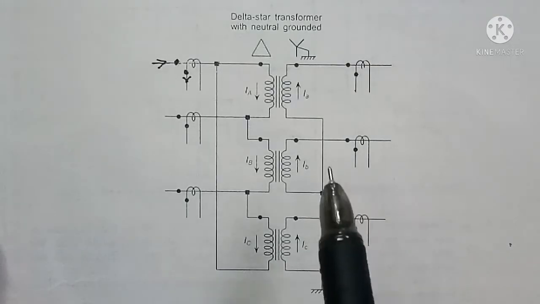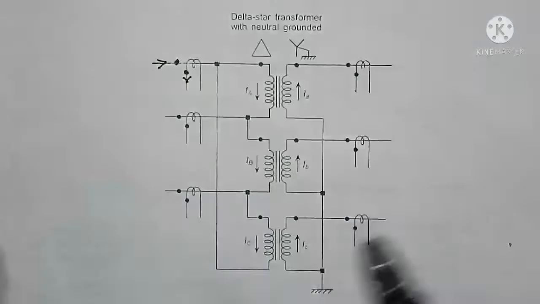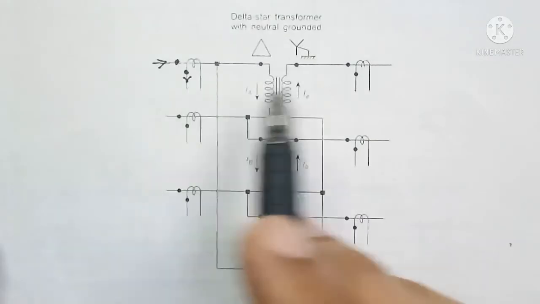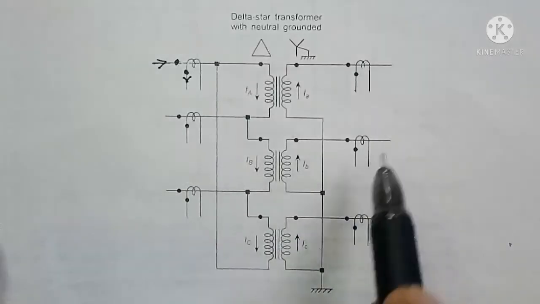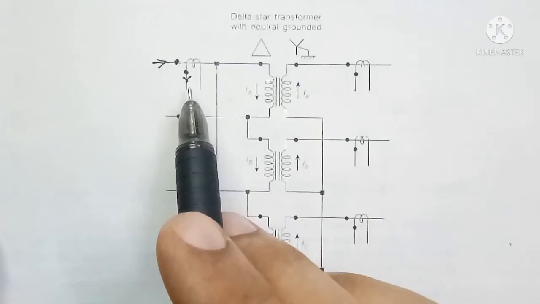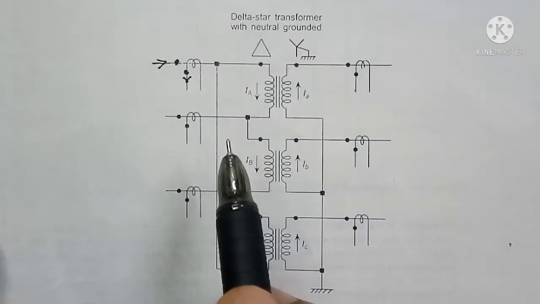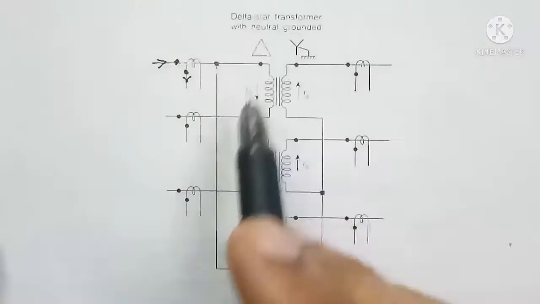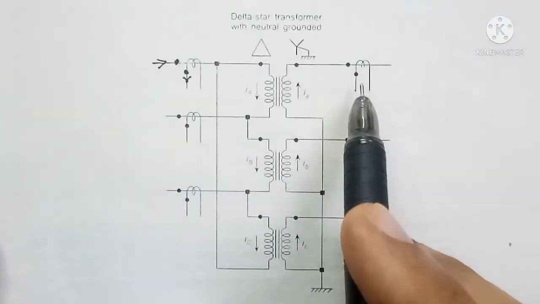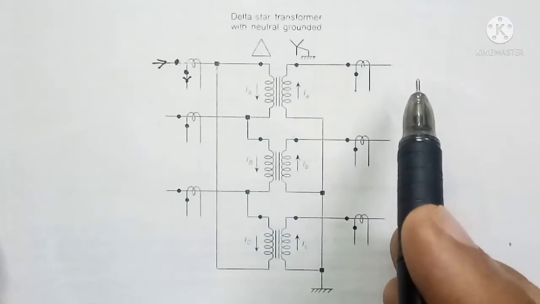How the CTs on primary side and secondary side should be selected? CTs on primary side and secondary side should be so selected that on primary side and secondary side of the power transformer, the secondary currents in CTs are equal.